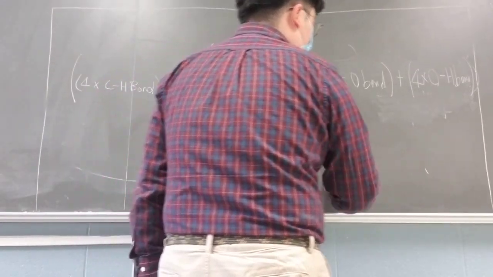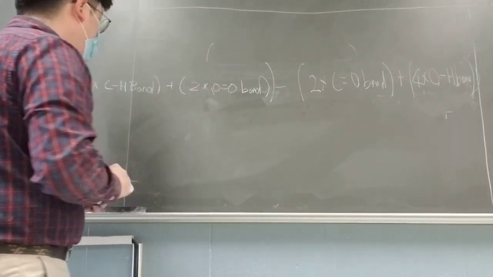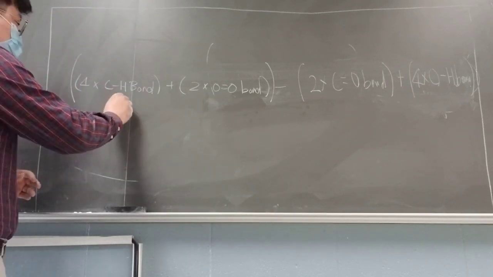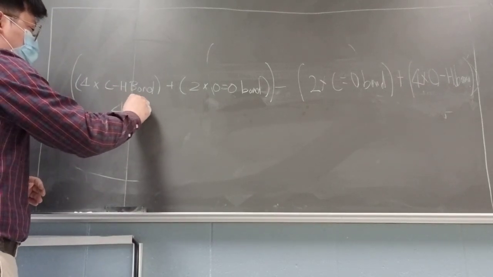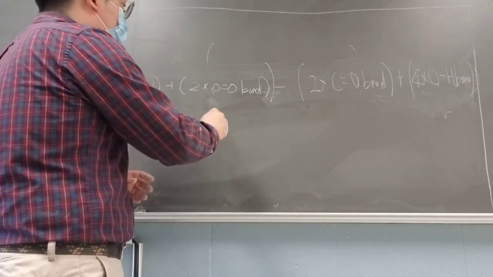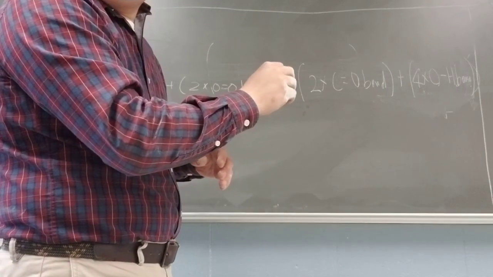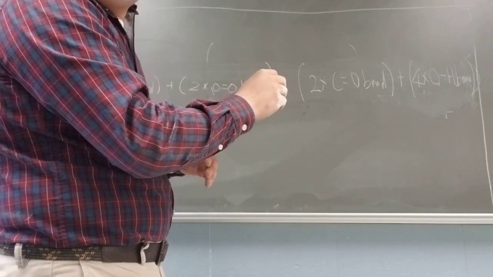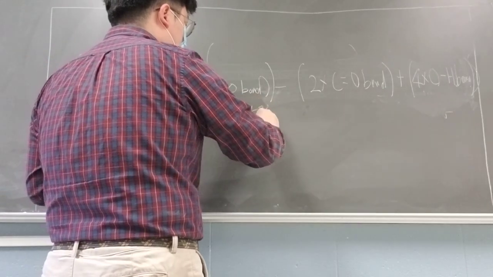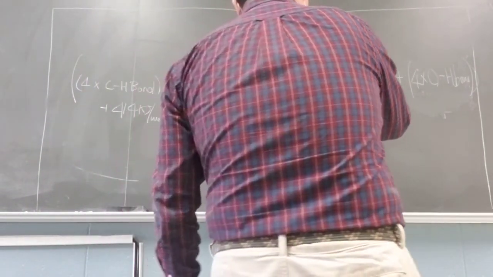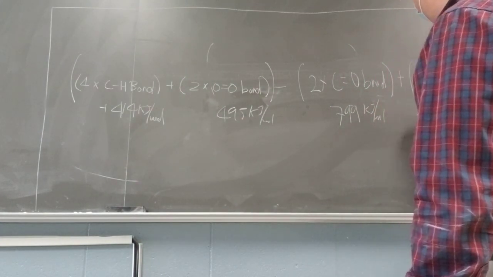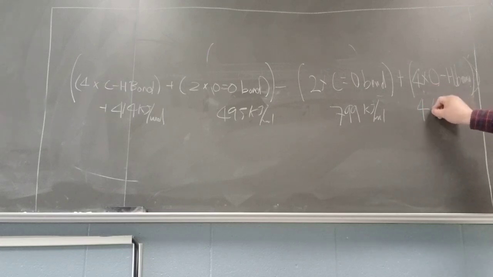Okay, so the only thing you have to do is plug in the numbers, which will be given. The O double bond is about 495, this is 799, and this is about 465.